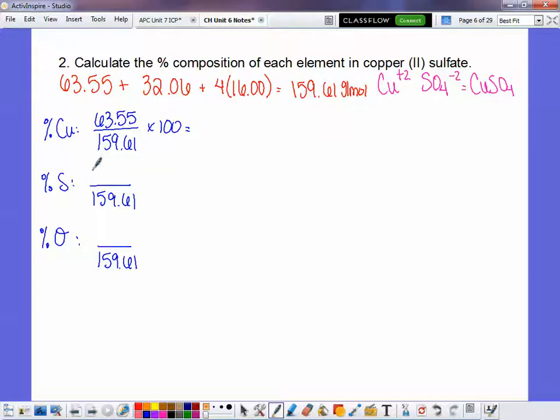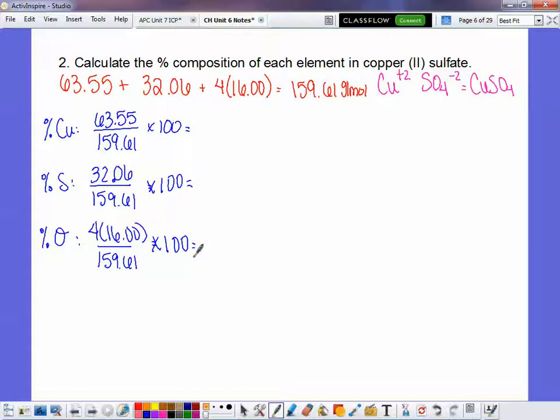Sulfur is 32.06. And then oxygen is what? 64, or 4 times 16, because it's the total mass contributed by that element. And we had 4 oxygens, so we need to account for the 4 oxygens in the percentage as well. Okay? Oh, I didn't mean to say equals. Times 100 equals.